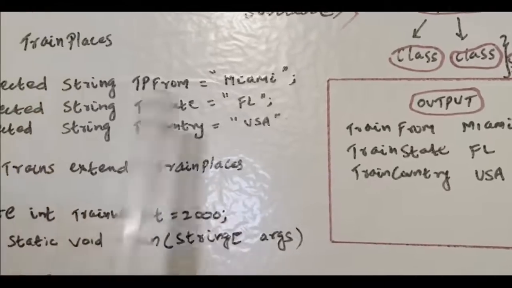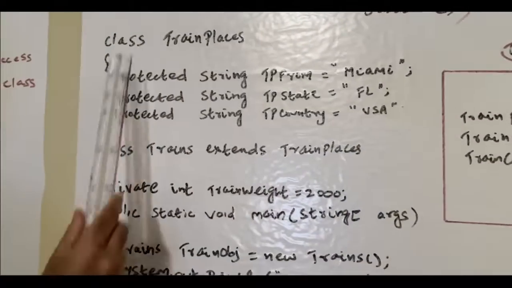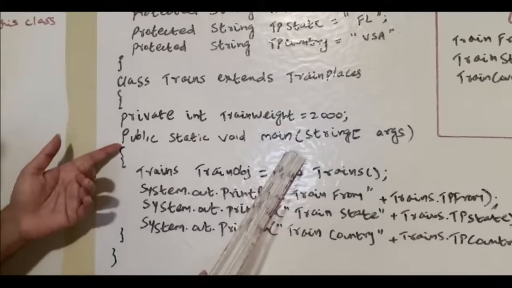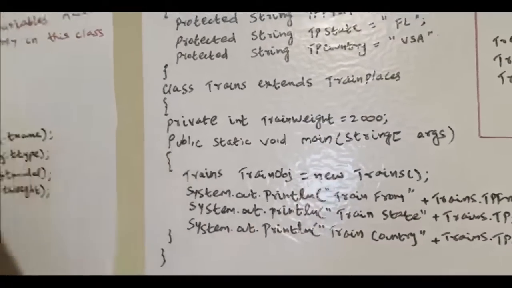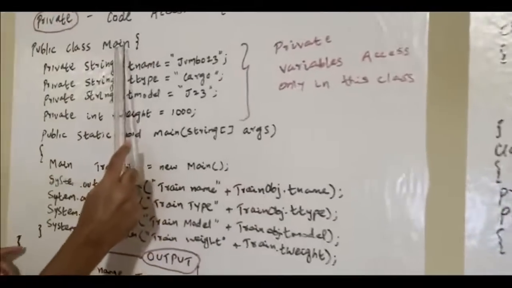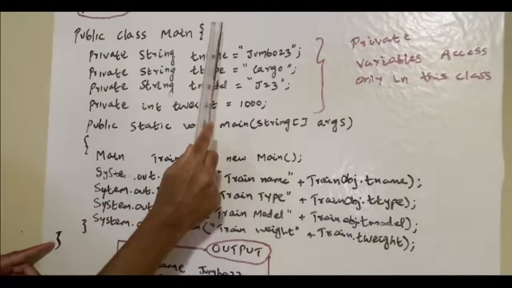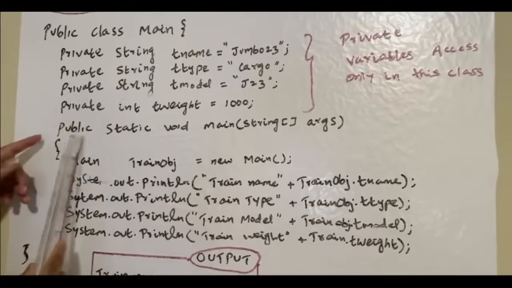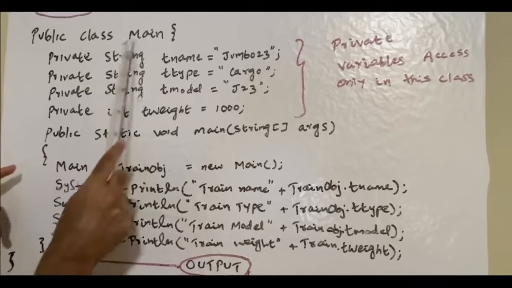That's the difference. For example, see here there is no main here. We have not called it here. Here only we call main. See here, public class main, everything was inside the main class. Public static void was within here, the whole thing.